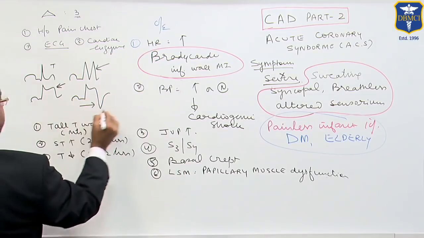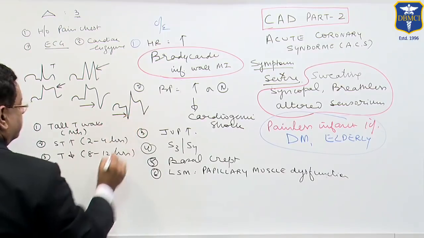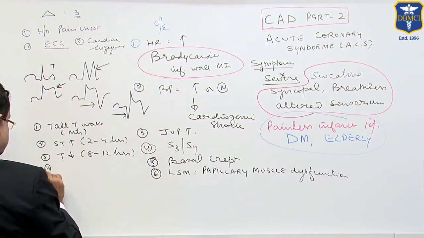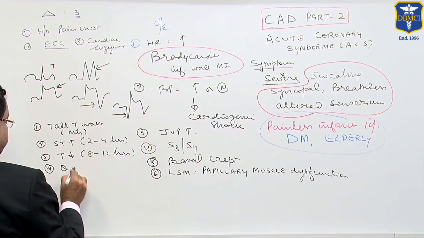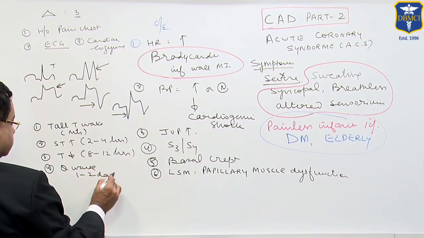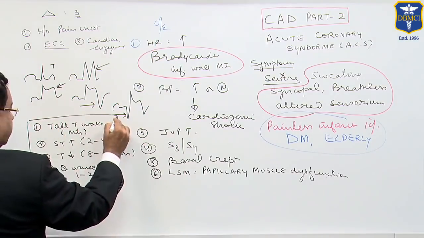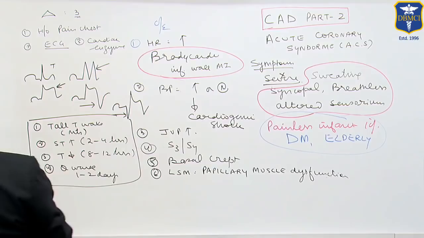Then Q wave comes. This is the Q wave. It comes in 1 to 2 days. This is the ECG finding you have to remember in acute MI.